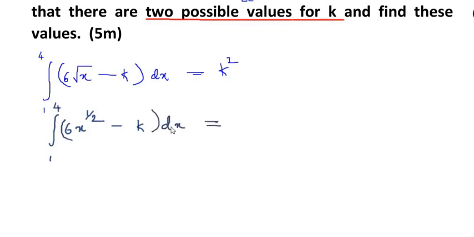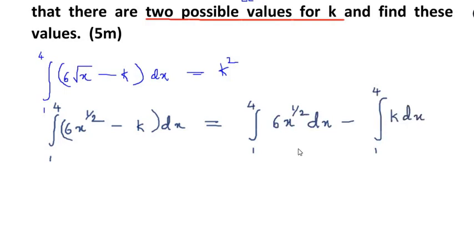Now I'm going to independently integrate it and write it as integration of 1 to 4, 6 x to the power of half dx, minus integration of 1 till 4 k dx. Now here, 6 is a constant, so I can take it out, and integration of x to the power of half.